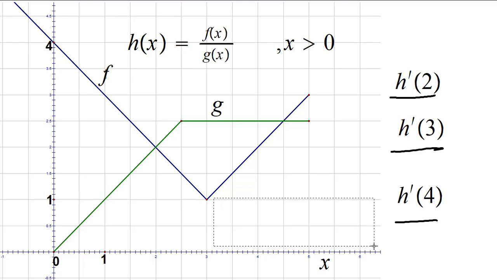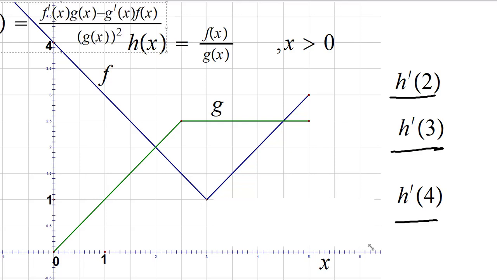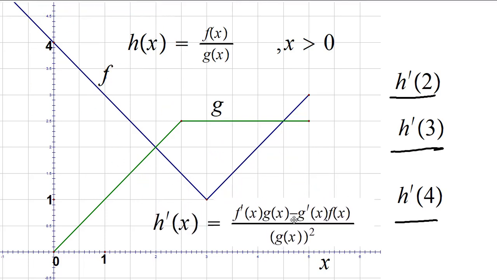So the first thing would be to just recall the quotient rule. That is, the derivative of h is given by the square of the denominator, and in the numerator we have the derivative of the numerator times the denominator minus the derivative of the denominator times the numerator, right?